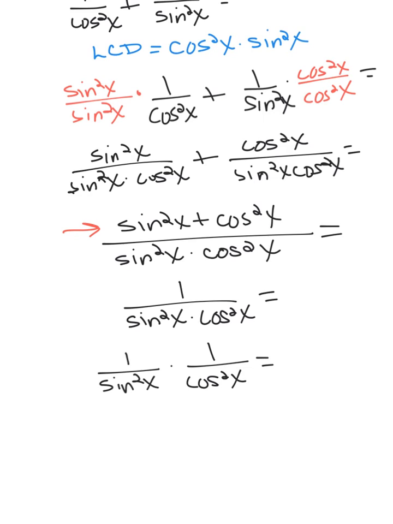But I know that 1 over sine squared equals cosecant squared of x, and that 1 over cosine squared equals secant squared of x, and that equals what we were trying to get to, which was secant squared of x times cosecant squared of x. And we have reached our proof.